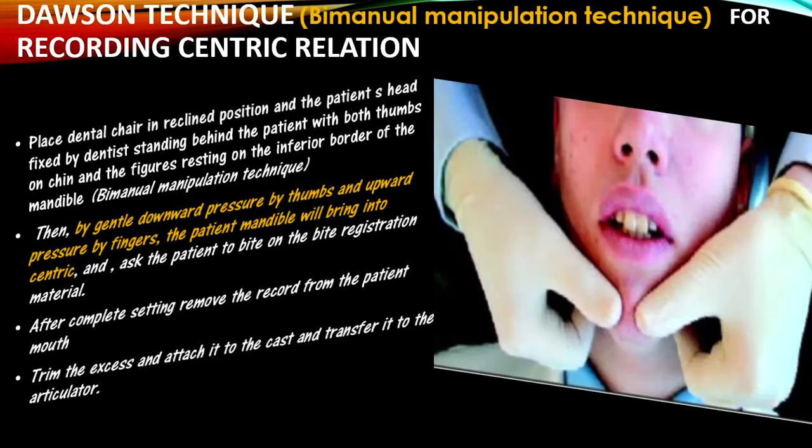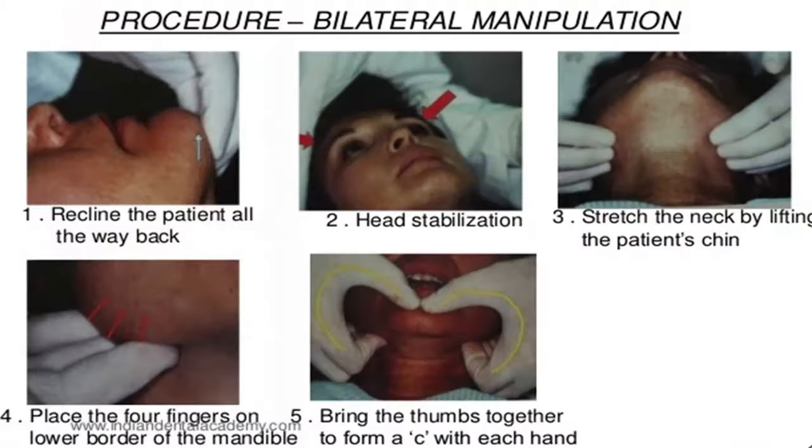The patient's mandible will be brought into centric and the patient is allowed to bite. After complete setting, remove the record from the patient's mouth, trim the excess, attach the casts and transfer to the articulator.